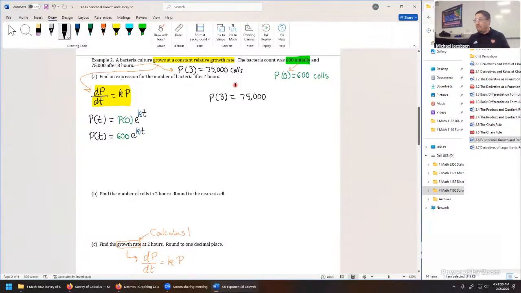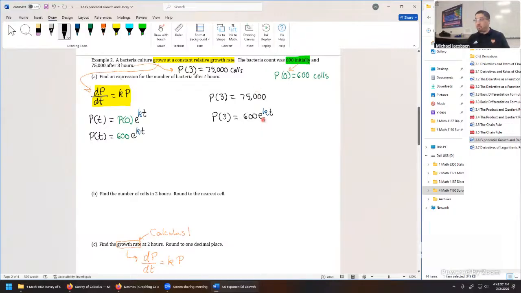Well, one thing you can think about when you write this down is we have an equation for population size at any time. So you could also write population size at time 3 hours is 600 e to the power k times t. So on one hand, population size at 3 hours is 75,000 cells. On the other hand, it's equal to this.